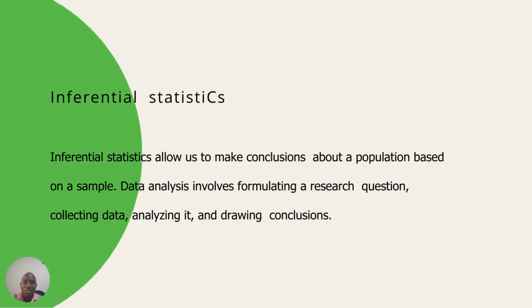Inferential statistics is concerned with making conclusions based on samples, and those conclusions can be generalized to the whole population. So making conclusions about the whole population from samples is what we call inferential statistics.